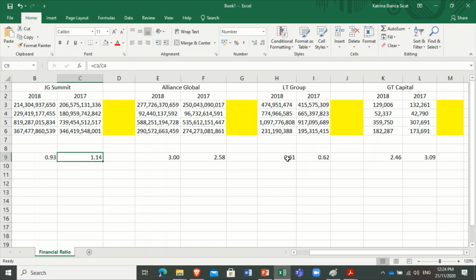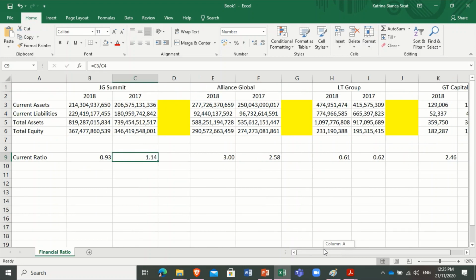LT Group is really struggling with its liquidity. You know why? Because LT Group, sa kanya ang Philippine Airlines, and you know the airline industry is very much napakalaki ng demand for short-term assets kasi yung operations ng airline is very much expensive as compared to other industries, no? Kaya struggling talaga in terms of liquidity ang LT Group.